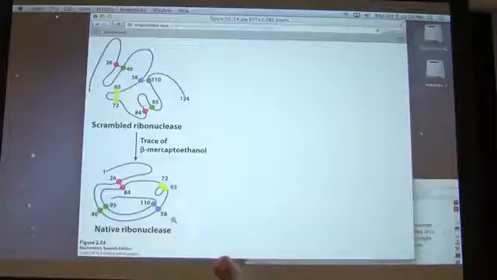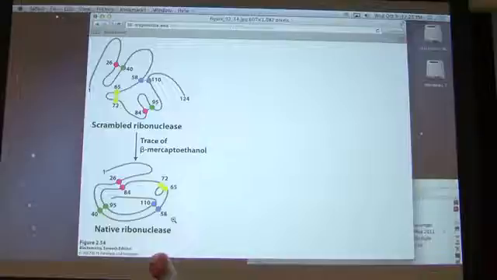It's interesting that if I take away the urea very slowly, and I take away the beta-mercaptoethanol, what will happen is over time, I will see a little bit of the ribonuclease activity begin to return. Now, what does that mean? That tells us, as convincingly as anything, that the sequence of amino acids can determine the folding of a protein.